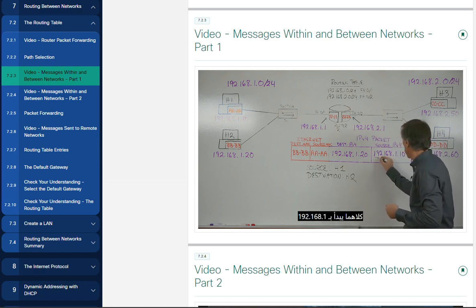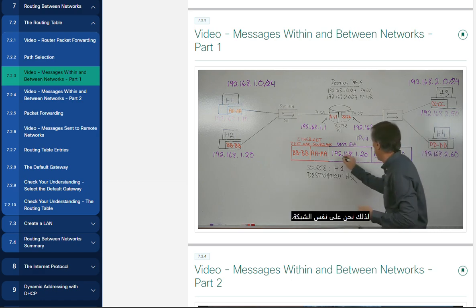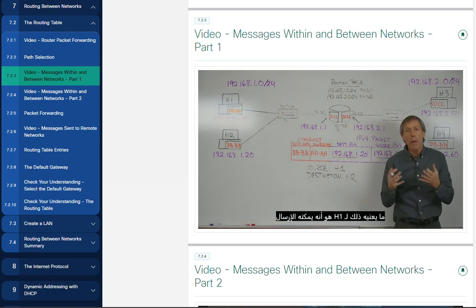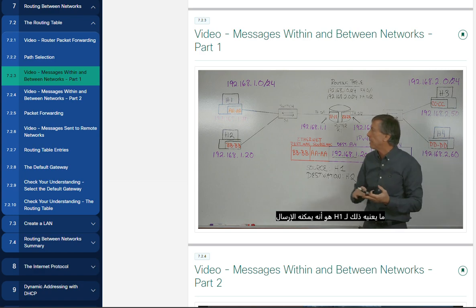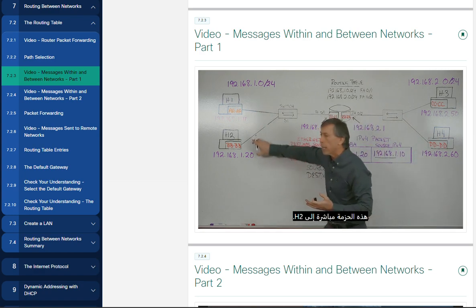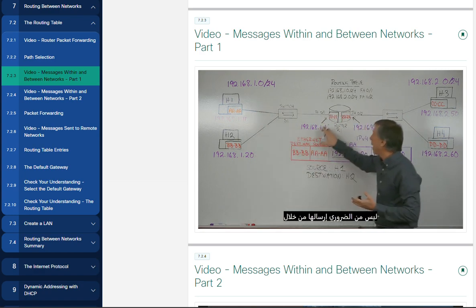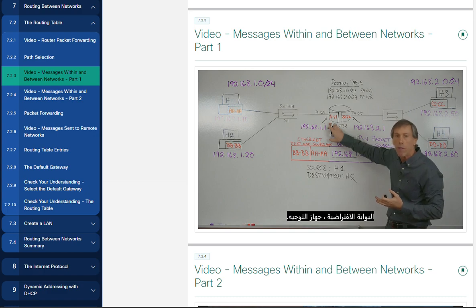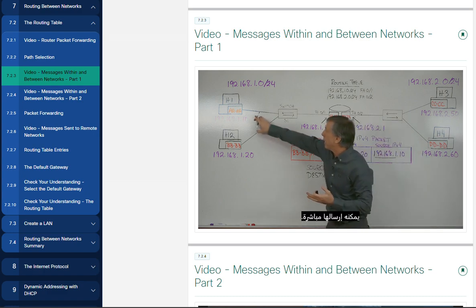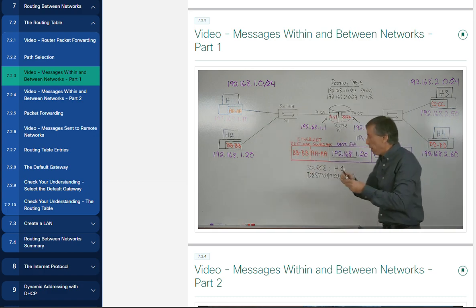They both begin with 192.168.1. What that means to H1 is that it can send this packet directly to H2. It does not have to send it through its default gateway, the router. It can send it directly.